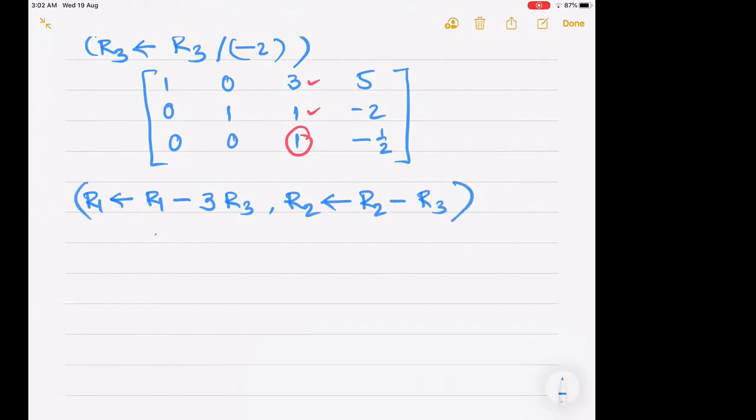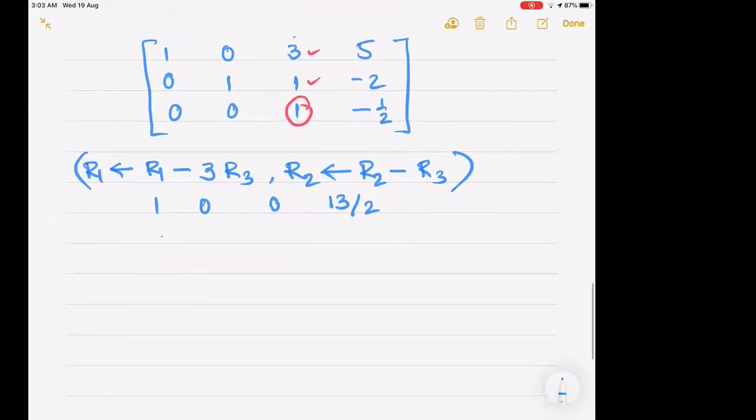This happens to be 1, 0. This will become 0. What will this guy become? This is 3 times, so this is minus 3 by 2 and subtract. So this is going to be 5 plus 3 by 2, which happens to be 13 by 2. Yeah, that's 13 by 2. This is 0, 1. This ought to be 0. And what am I doing?